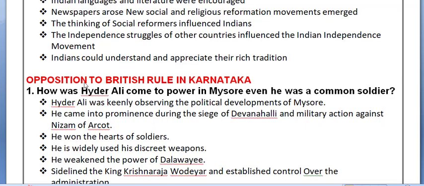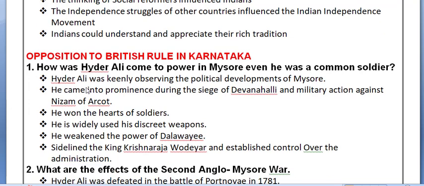And the next lesson, opposition to British rule in Karnataka. In this lesson, question: how did Hyder Ali come to power in Maisuru even though he was a common soldier? Hyder Ali was keenly observing the political developments of Maisuru.